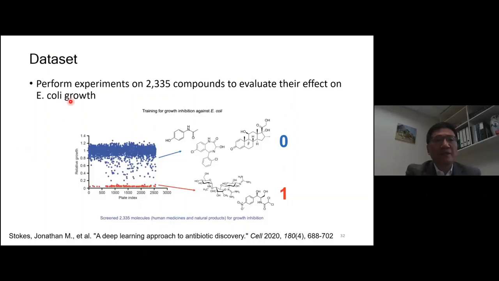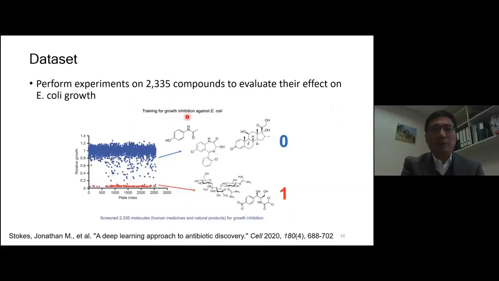And then we can perform experiments on over 2,300 compounds to evaluate their effects on the E. coli growth, for example, because we try to identify the new antibiotics. E. coli is a bacteria, and we can use it as an example to see how effective those compounds are.